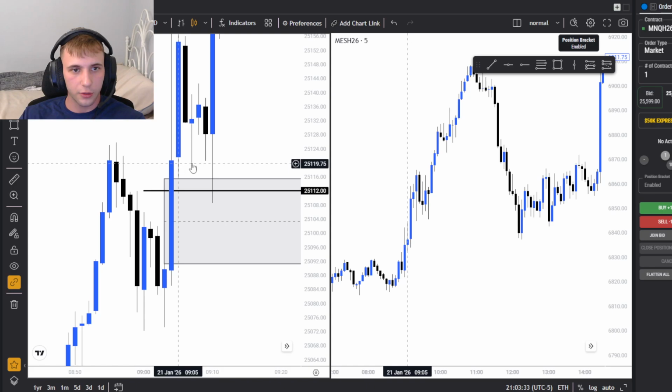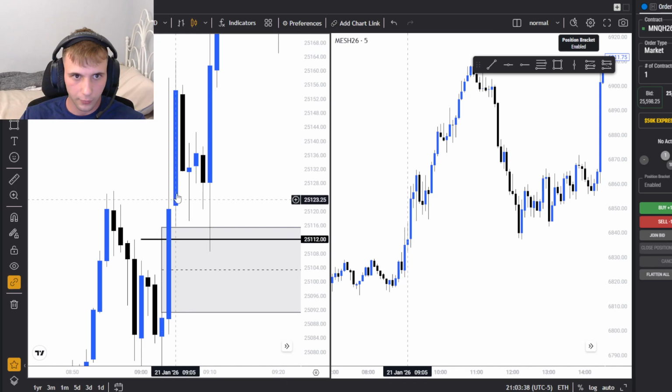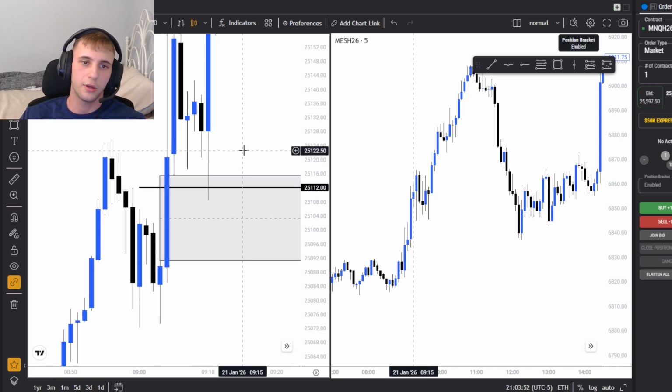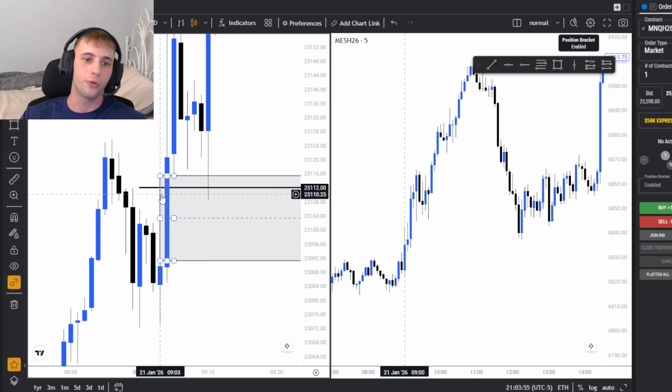This candle closes, you put in your limit order, and price doesn't come back down to this level on the next candle. So your order is just sitting there. You have a limit order.